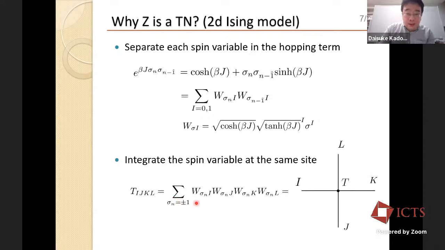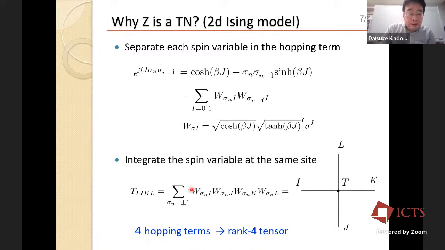The rank 4 tensor appears by taking the summation over sigma n. Actually, 4 W's come from the 4 links, and these 4 W's contain sigma n. And the rank 4 tensor is obtained from 4 hopping terms.